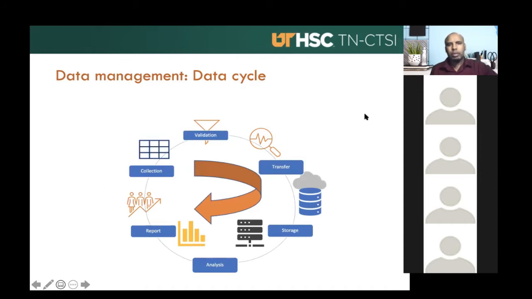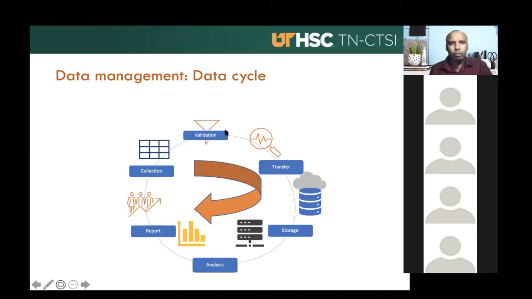So this is what the data cycle looks like. Data is collected from subjects. Could also be about devices, but mostly about human subjects. Could also be about animals. And then data are collected using different software such as REDCap, and then the data are validated for accuracy.